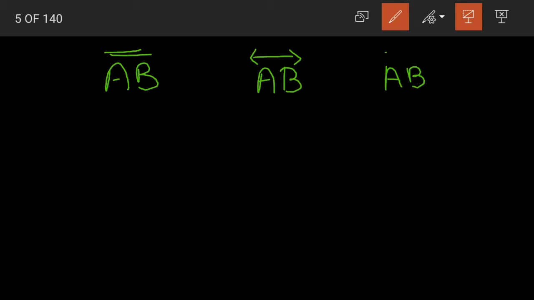See here, for a line segment we wrote like this with a small line. For a line we have placed arrows on both the sides. Now for our ray, if we are talking about ray AB, we place just an arrow mark. Yes, this indicates one endpoint and extending indefinitely on the other side.